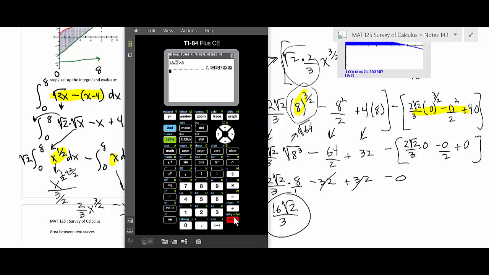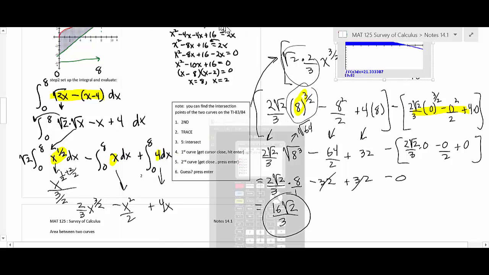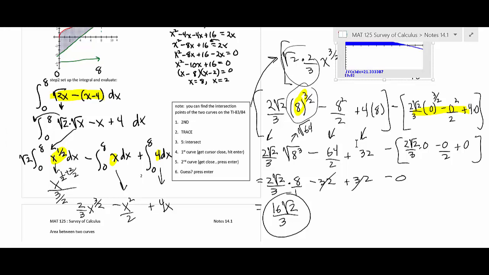Oh my goodness, did I do something wrong? I hope not. I'll double check though, because I got everything right in there. I got 2x. 16 square root of 2 is. Did I make some mistake somewhere? Oh, I messed up on my.